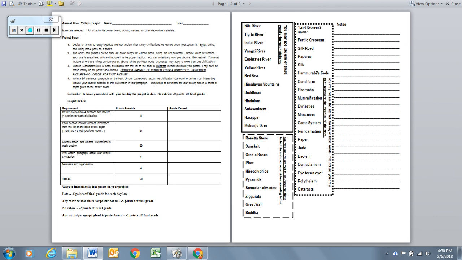So I could have put the word chariot on here, but it's not. So I better not see a picture of a chariot because it doesn't come from this list. Also, none of the words here should have a picture for them. Remember, all your words must be on your poster, but you only have to have 5 pictures for each section.